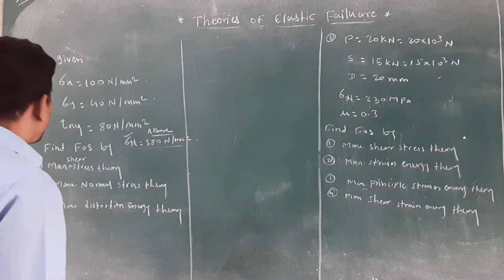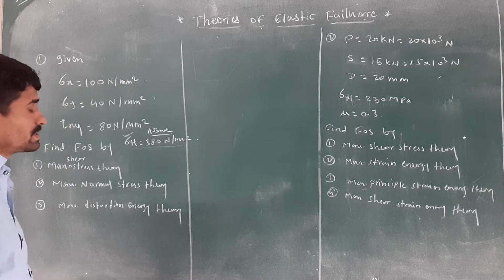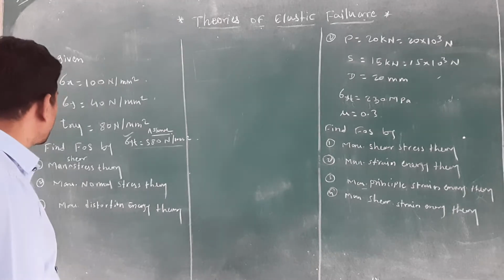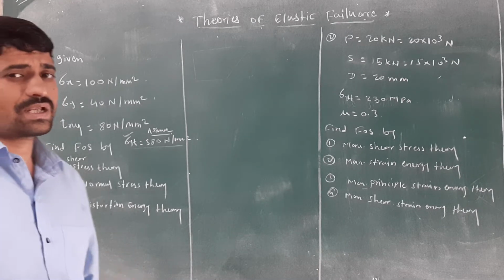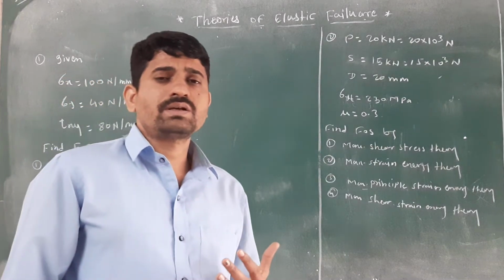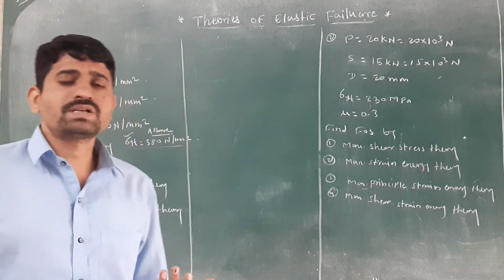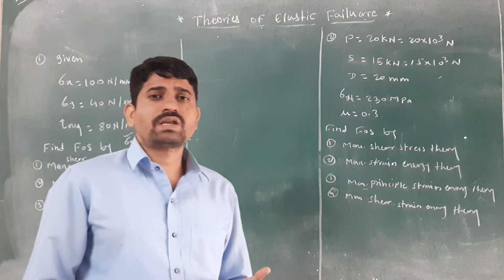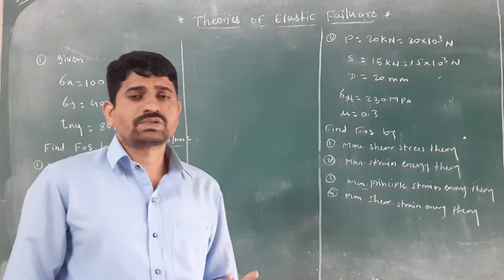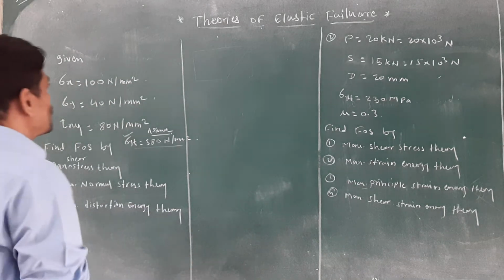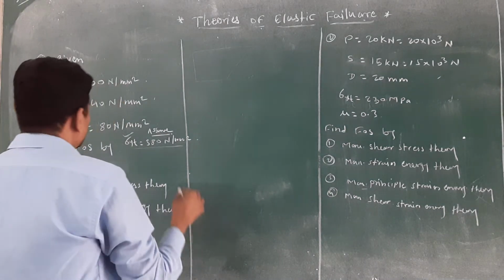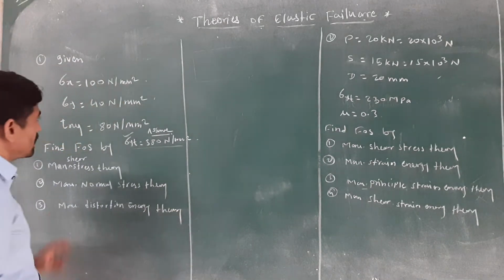First we need to calculate the normal stress, because in each and every theory we want to calculate the value of the major principal stress as well as the minor principal stress. We have seen how to calculate them. We know that formula. I will write it here.